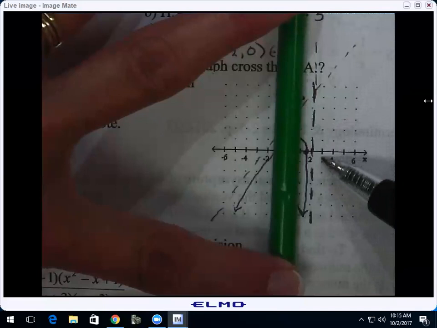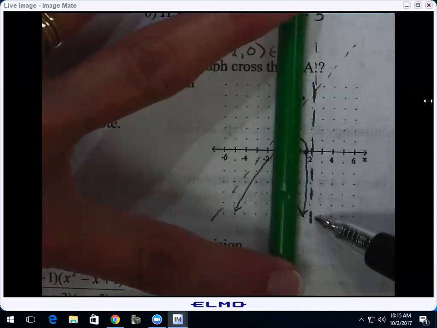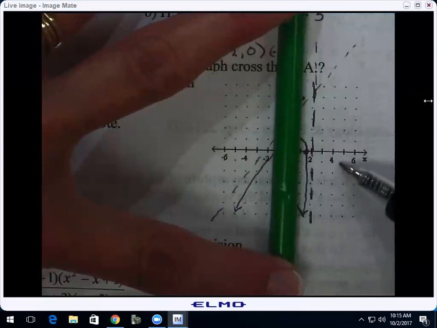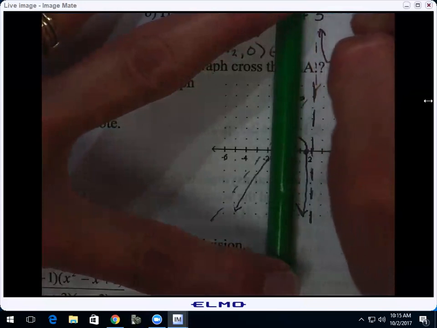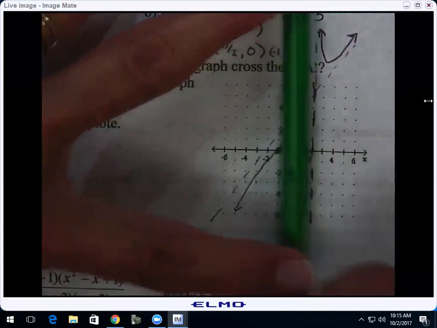There would have to be another x-intercept. It would have to cross the x-axis over here somewhere. And I know there's not an x-intercept. So the other piece of the graph is above the oblique.